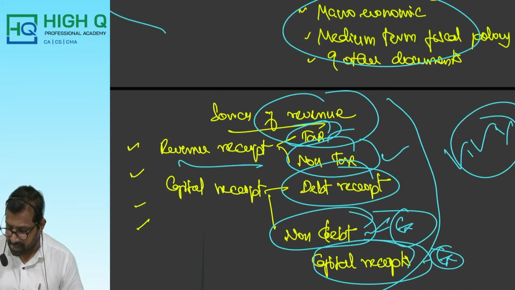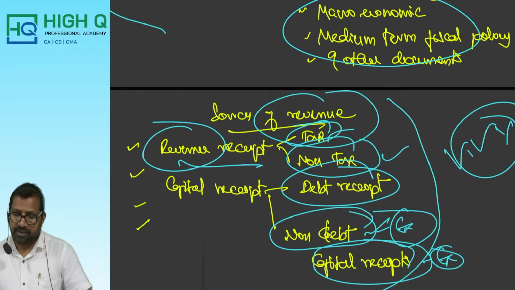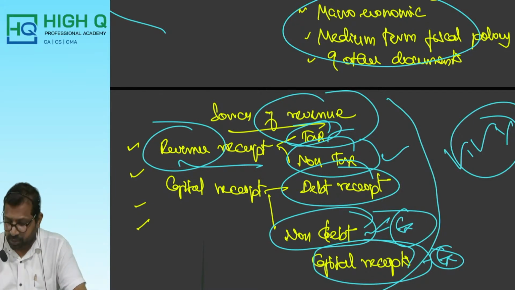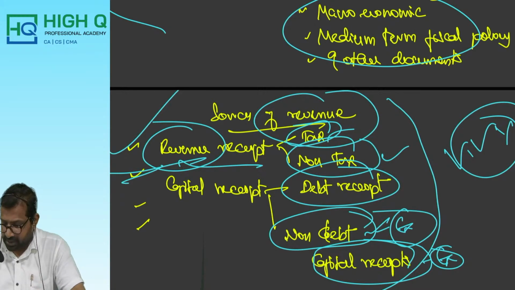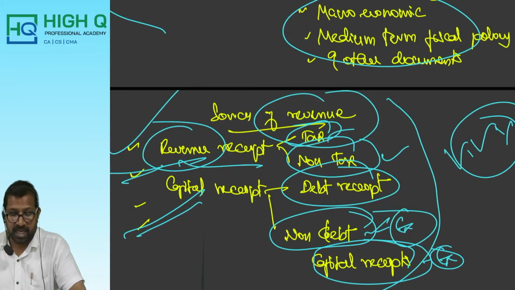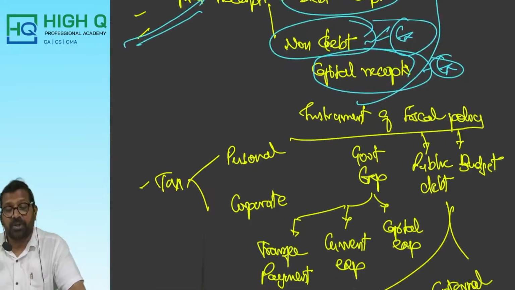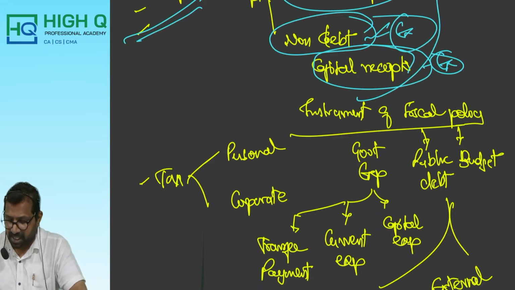Now just see, tax revenue comes under revenue receipt, so you have to mark the answer revenue receipt. Not only these two: tax and non-tax come under dash receipt, revenue. Debt and non-debt come under dash receipt, capital receipt. Like this you can expect questions in your examination. So be focused on sources of revenue, including the examples, which is very important.